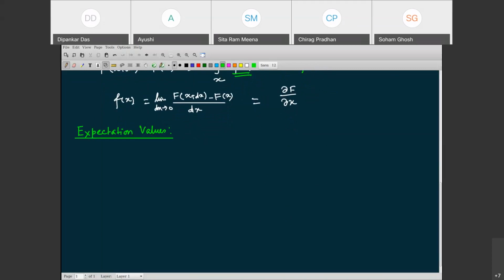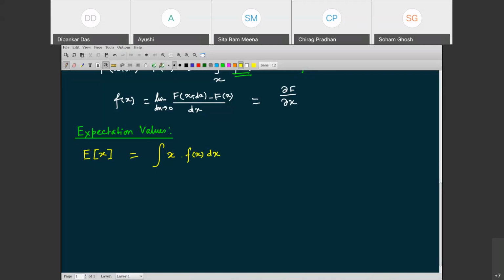The expectation value of anything, any function, is the kind of the average value of that thing. This is defined quite simply: suppose you want to find the expectation value of x. Then that will be given by the integration over the range of x times f(x) dx, and this is called the expectation value of x.